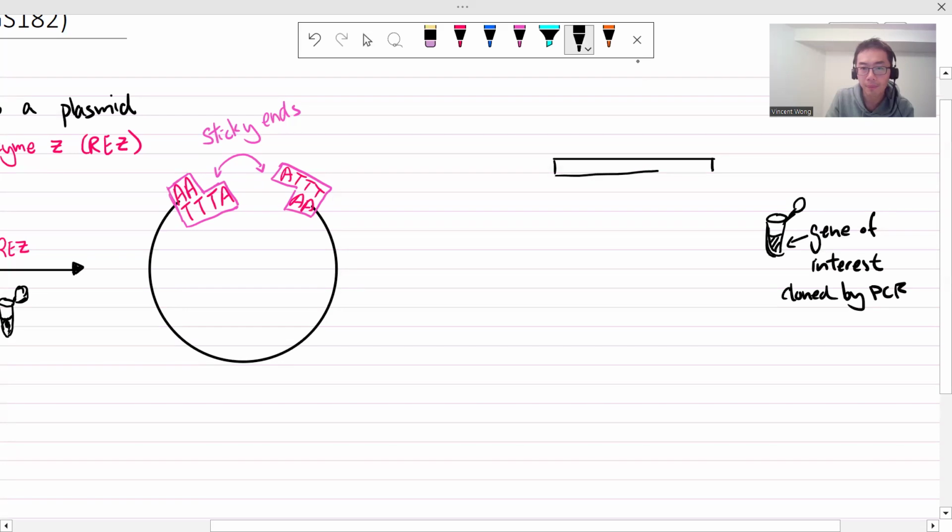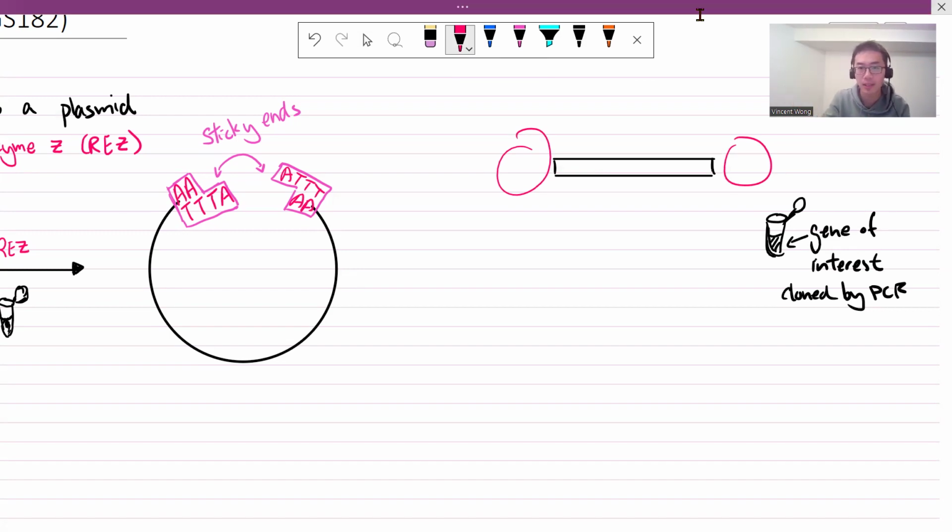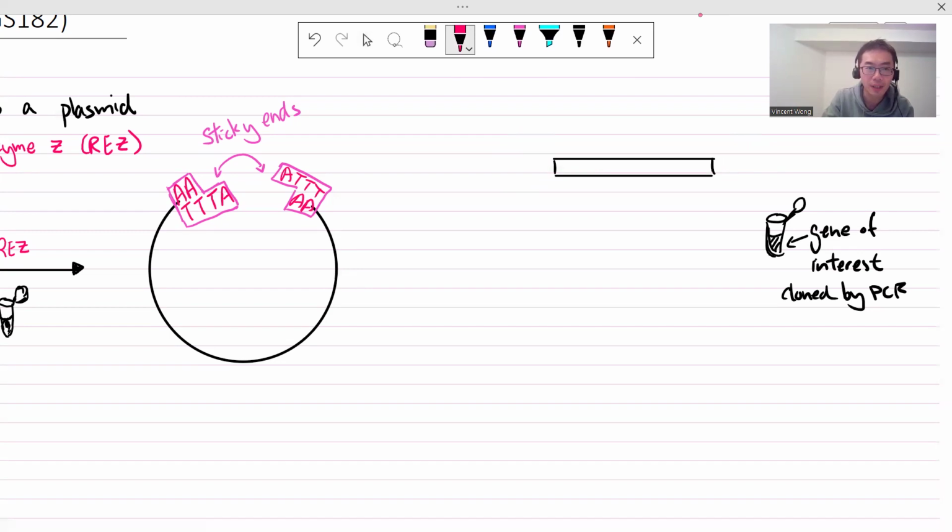Now, yes, we copy the gene, but then the gene also has the promoter and other stuff, right? So there might be some additional DNA on either side. We call them the flanking sequence, okay? If the flanking sequence also has the same recognition site, they also have AAA, TTT, like this.